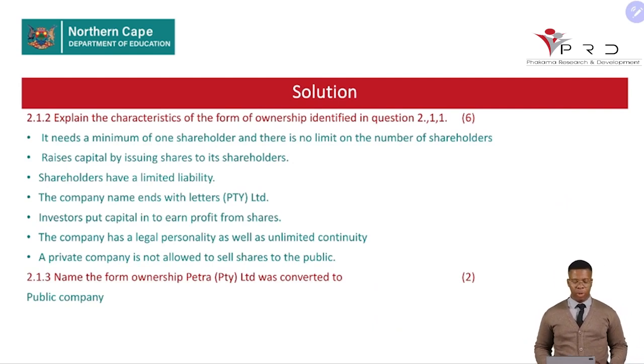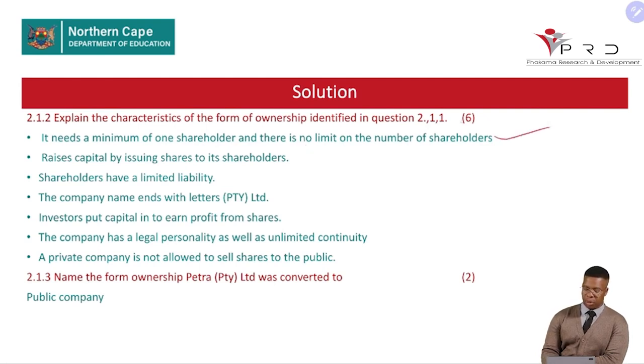Or before that, we get to 2.1.2, which looks for explanations of the characteristics of the form of ownership identified in 2.1.1, which is your private company. It says a minimum of one shareholder, and there is no limit on the number of shareholders.